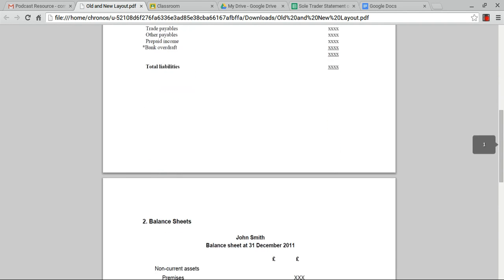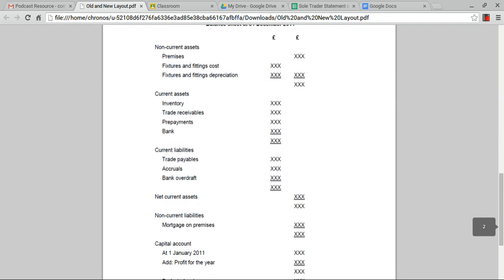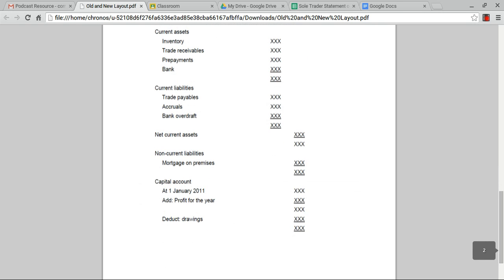And that compares with the old-fashioned balance sheet. You can see it starts roughly the same. You've got your non-current assets, you've got your current assets, but then we've got the difference. The liabilities are on the top half of the balance sheet, and then the capital figures are down here on the bottom section. So effectively, the top half of an old-fashioned balance sheet would give you your total assets, take away your total liabilities.